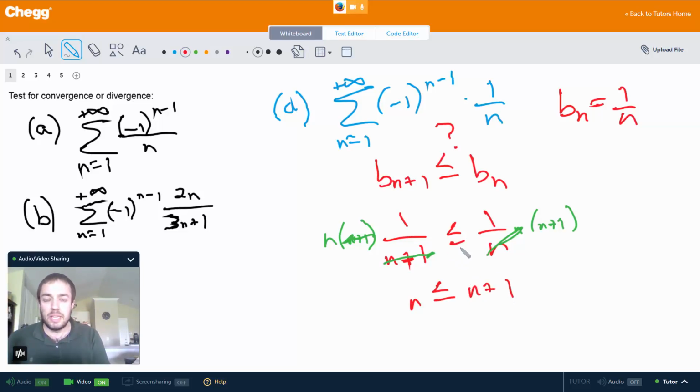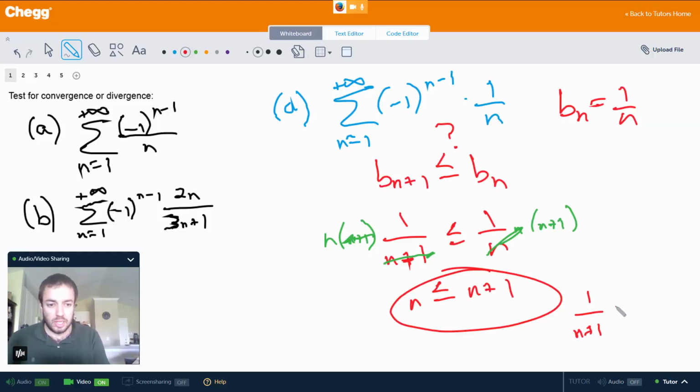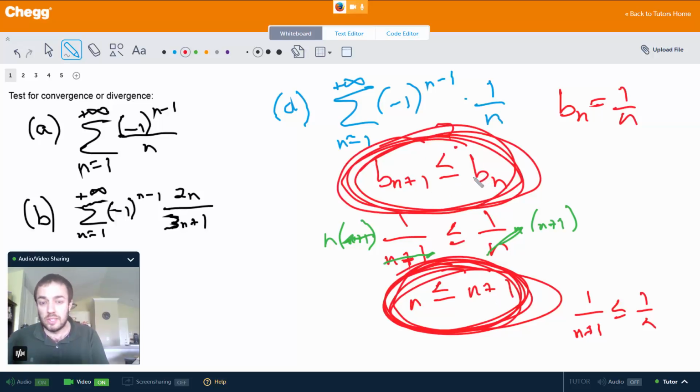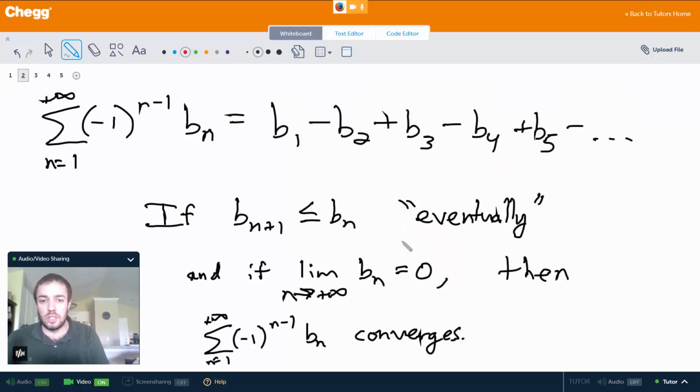Because n is always greater than 0, this inequality is equivalent to the previous inequality, and this inequality is clearly always true. Of course, any number is going to be less than or equal to the number that's 1 larger than it. So n is always less than or equal to n plus 1, and this is actually true always. So our first condition is satisfied.